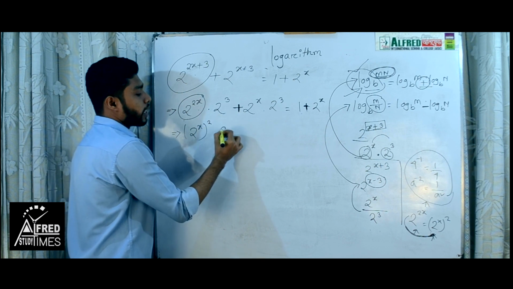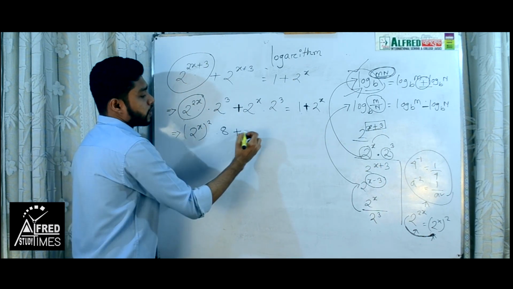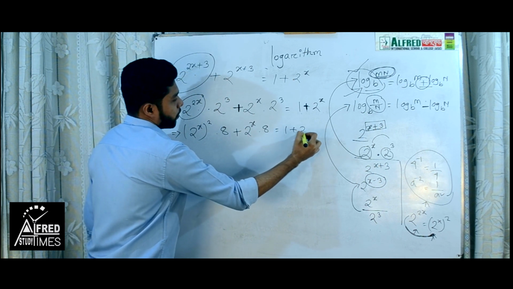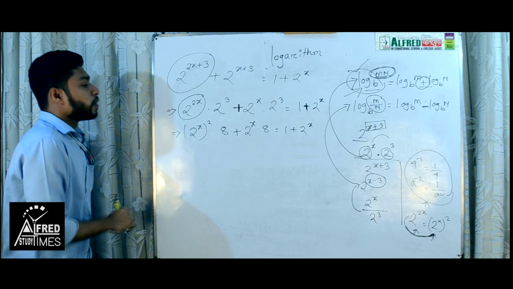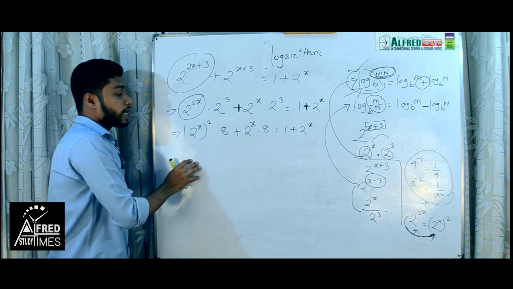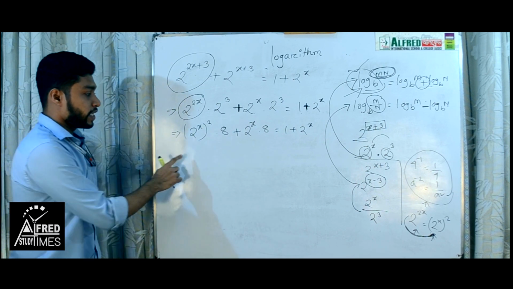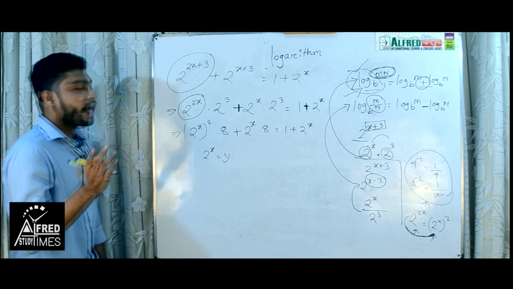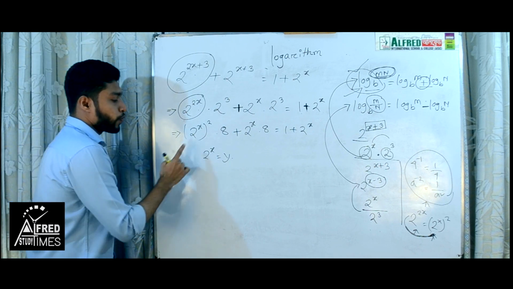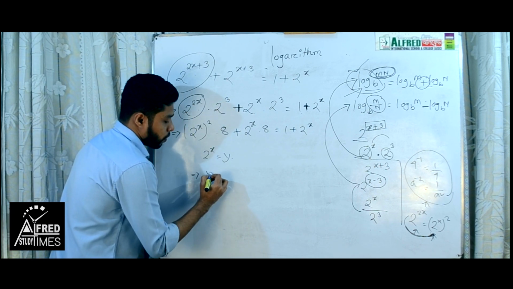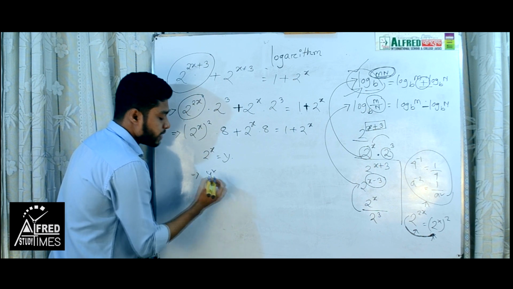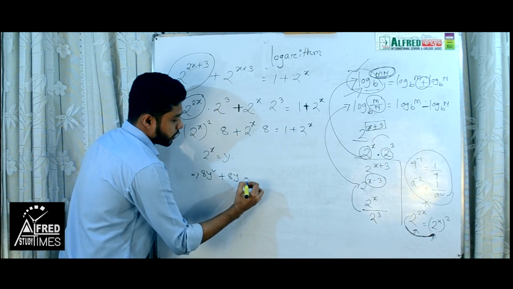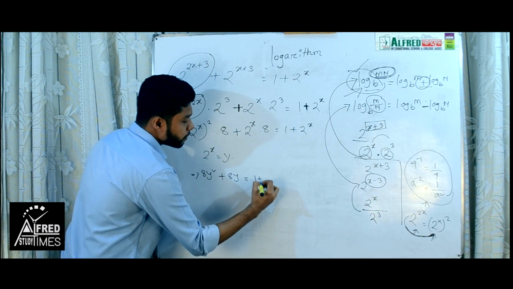We can write it as 8 plus, same, 2 to the power x into 8 is equal to 1 plus 2 to the power x. So now there is the most difficult part, but we have the idea. We can take 2 to the power x as y, and you can guess what we can write: y square into 8 means 8y square plus 8y is equal to 1 plus y.